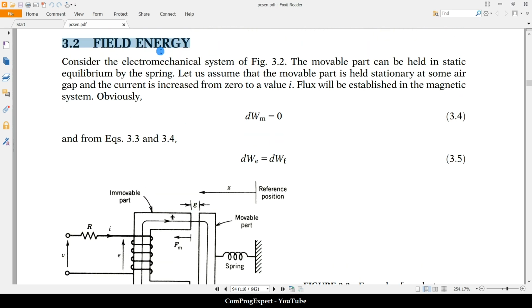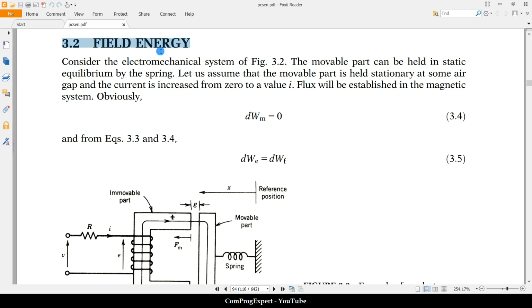However, you know this concept from the electromagnetics course or from the electric circuit theory course. You know what is the value of the energy stored in an inductor or in a capacitor, the electrical energy, right? You remember those equations.